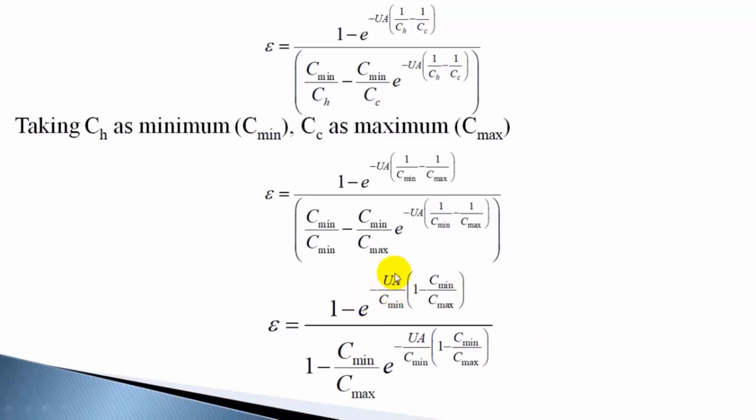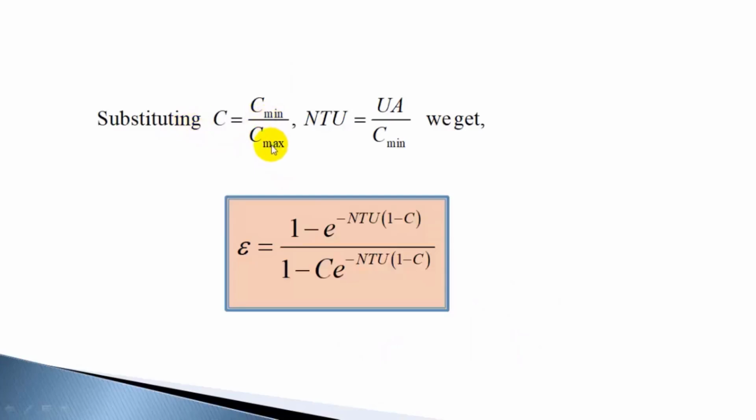And C minimum by C max, which is the heat capacity ratio of minimum to maximum heat capacity, we represent by C. So if you write C minimum by C max as C and UA by C minimum as NTU, you will get the expression 1 minus e raised to minus NTU into 1 minus C, divided by 1 minus C into e raised to minus NTU into 1 minus C. So this is the expression for effectiveness of a counterflow heat exchanger.